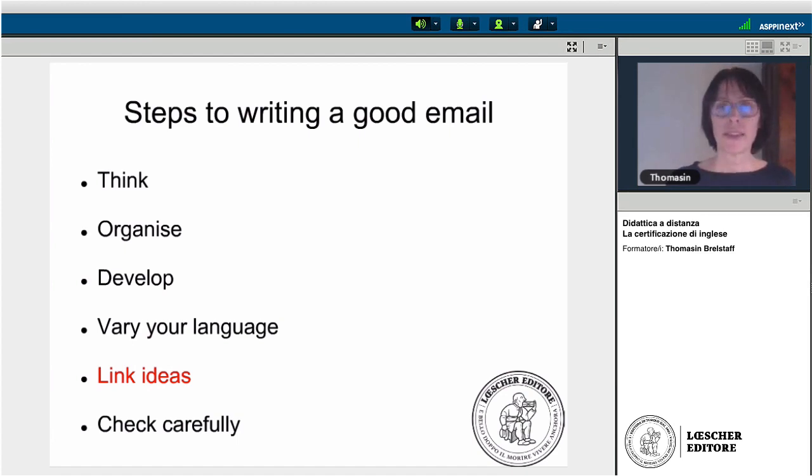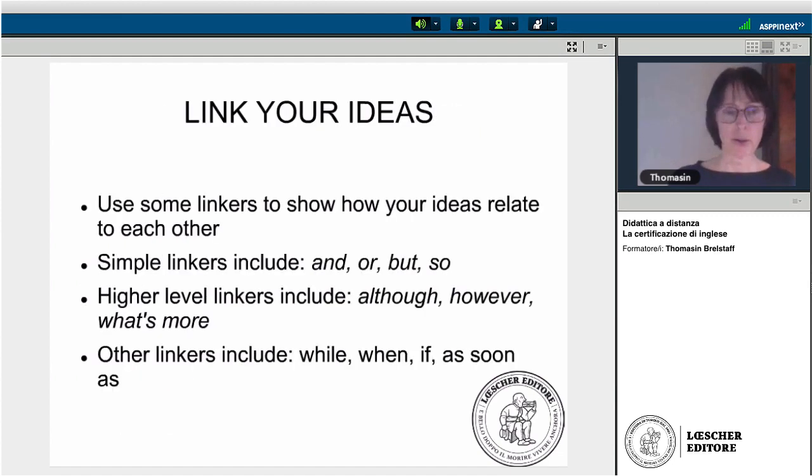Most of you, I think, are aware of what linkers are and will already use them. But let's have a look at some examples first. Here are some of the things we're talking about. Use linkers to show how your ideas relate to each other.